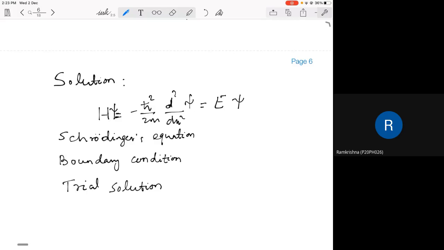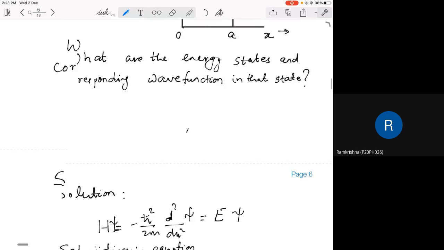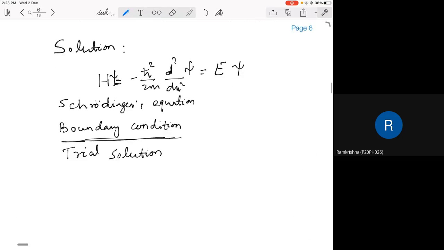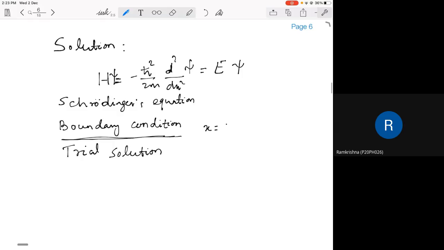Once you write the Schrodinger equation, to solve it you need some boundary conditions, right? So what is the boundary condition here? At x equals 0 and x equals a, the wave function will be 0.